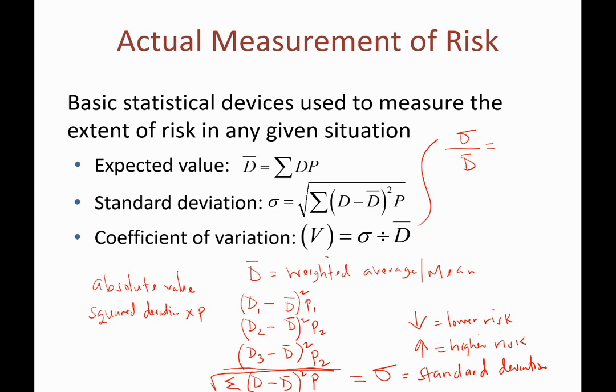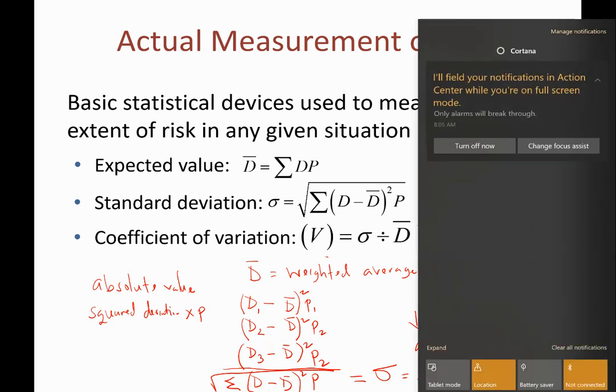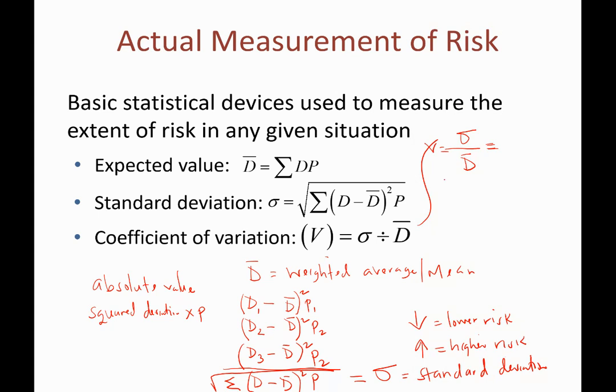If you just look at the formula, what we're getting here is the risk level, how much risk per unit of return.